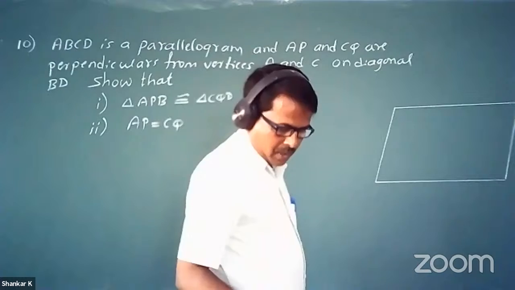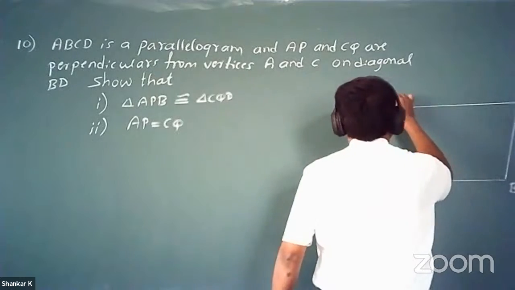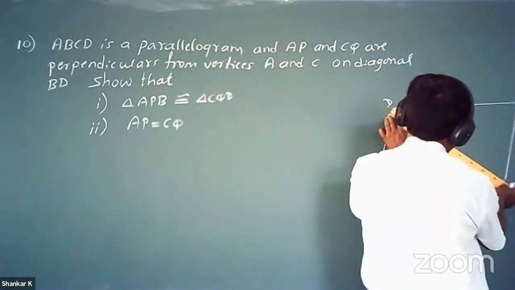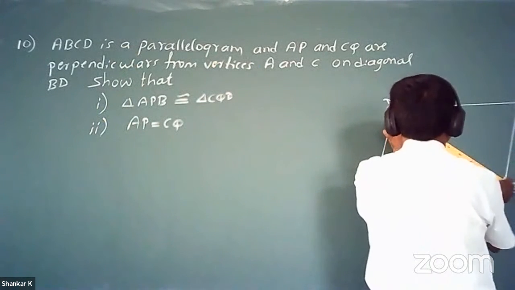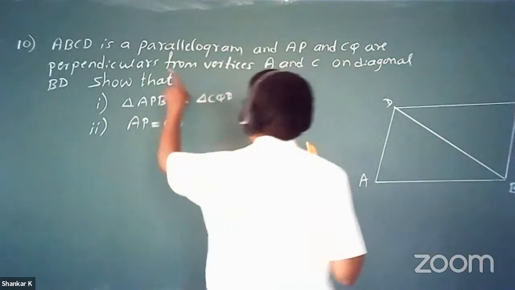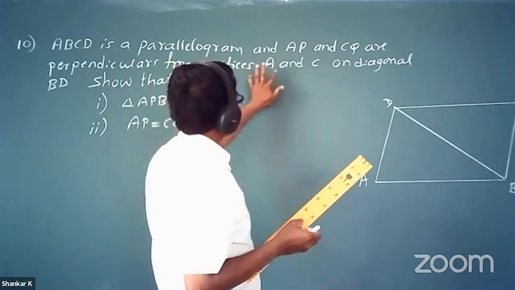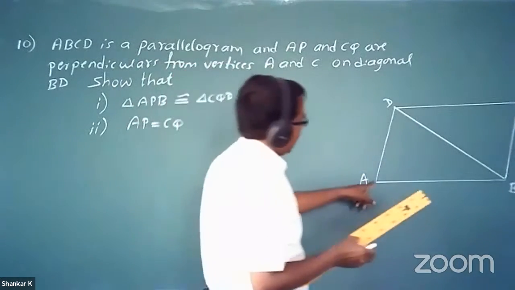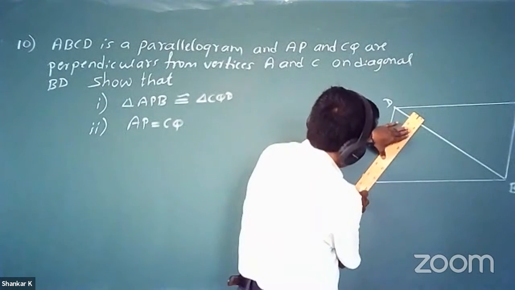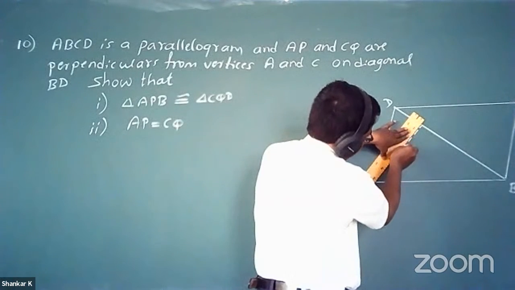So ABCD is a parallelogram. BD is a diagonal. So BD we shall draw. Then what is told here? ABCD is a parallelogram. AP and CQ are perpendicular from the vertices A and C. From A, one perpendicular is drawn this way.